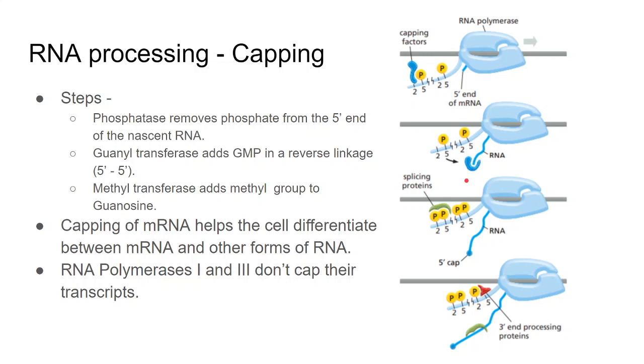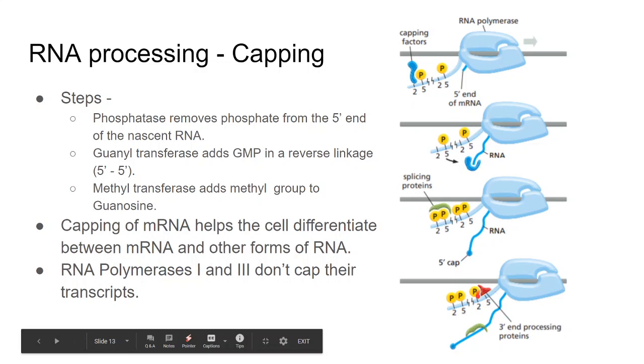Then eventually you have the phosphorylation of the second serine, serine number 2 as well. This allows splicing proteins to come in. Splicing is what we'll talk about in the next lecture, and you already have the 5' cap. Eventually, towards the end of elongation, once it's reaching termination, there's a dephosphorylation of the fifth serine.